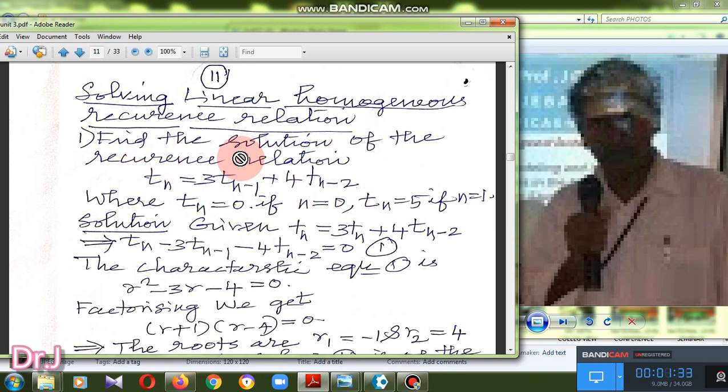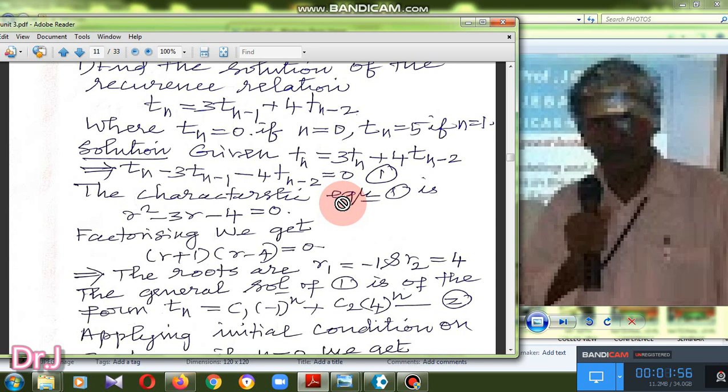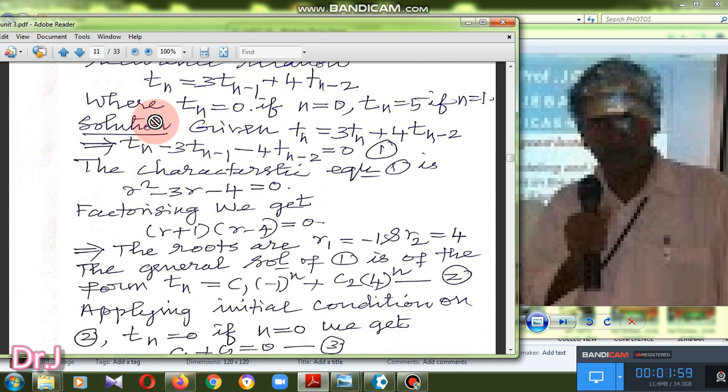The sequence an which satisfies this recurrence relation is called the solution of this particular recurrence relation. We'll find an an formula, and that should satisfy this recurrence relation along with the initial conditions given to us. Now let us solve it.